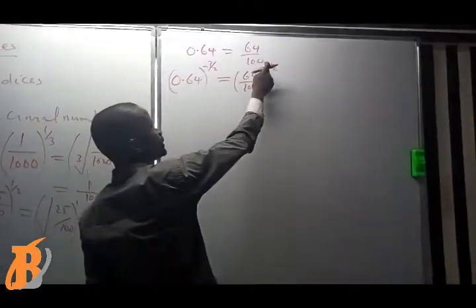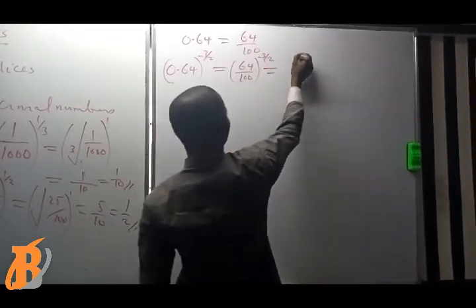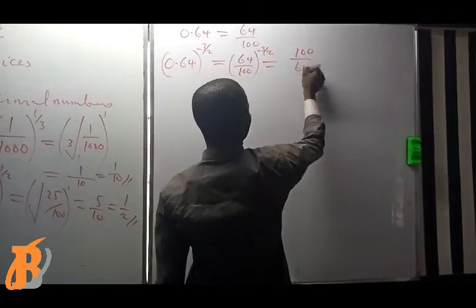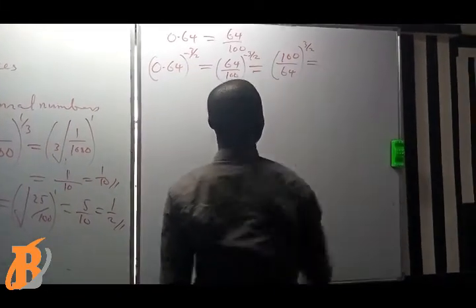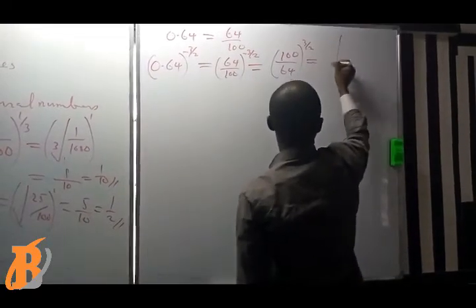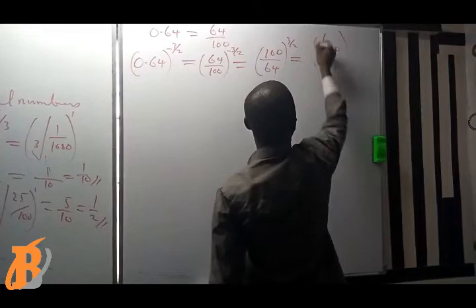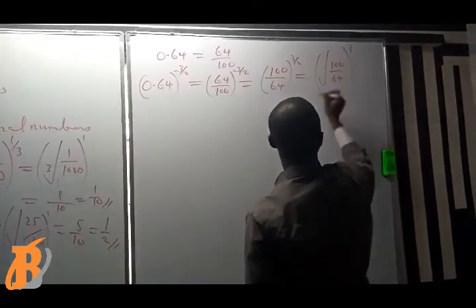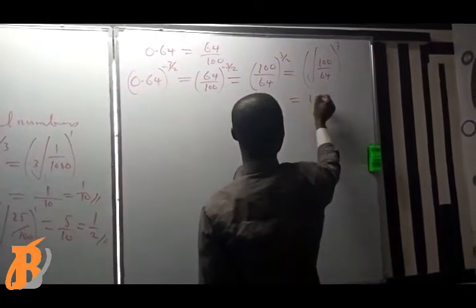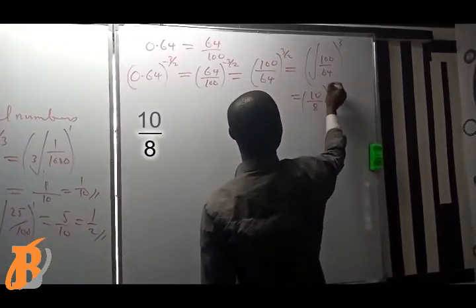In order to eliminate this minus, this one goes on, this one comes down. Equal to what? 100 over 64 to the power of 3 over 2. It's the same thing as the square root of 100 over 64, to the power of 3. Now the square root of 100 is 10, while the square root of 64 is 8, to the power of 3.